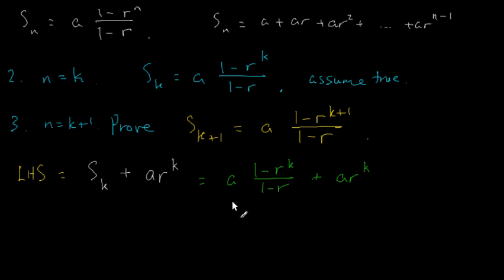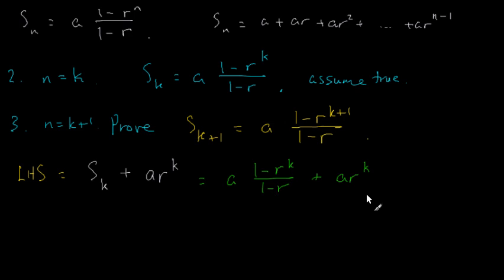So what I need to do now is to somehow show that this is the same as this left hand side. Now it's kind of looking promising because you see now I have all the a's and r's and the k's here. Okay, and I also have a, r's and k's here.